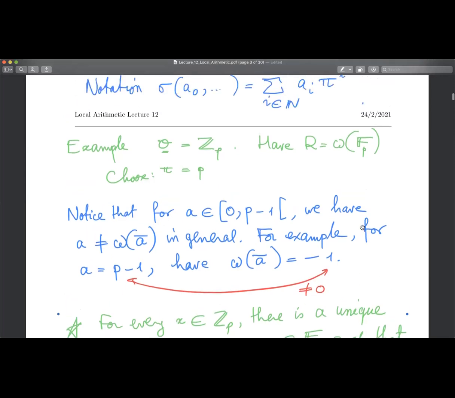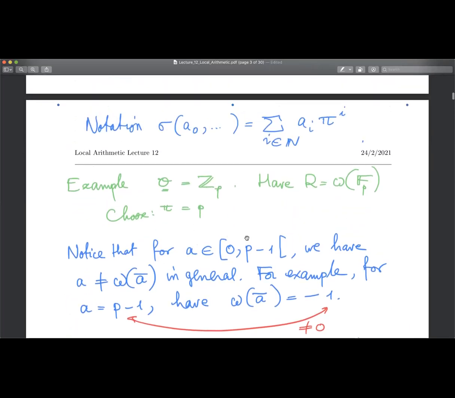So this is just to say that earlier, we had written every element of Z_p uniquely as a power series in p, and the coefficients were these integers between 0 and p minus 1 inclusive. These could be thought of as the digits 0, 1, up to p minus 1.